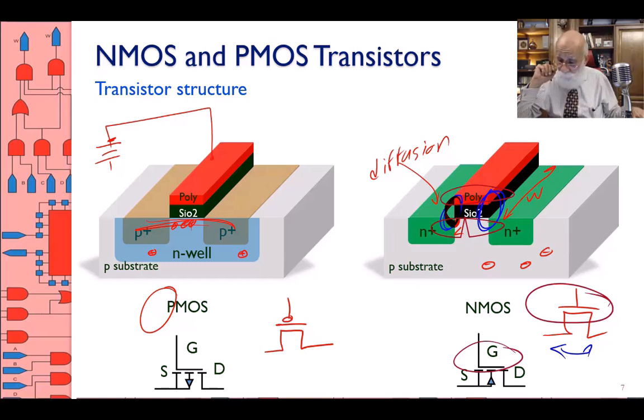Okay? That's called gate capacitance. Now tell me this. I have this transistor. Let me clean this up. This is the length. This is the width.